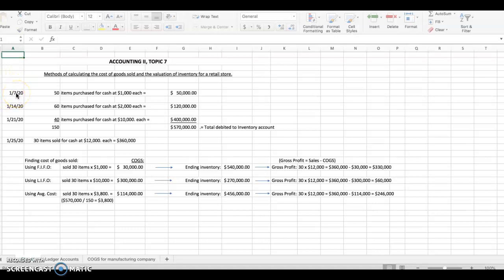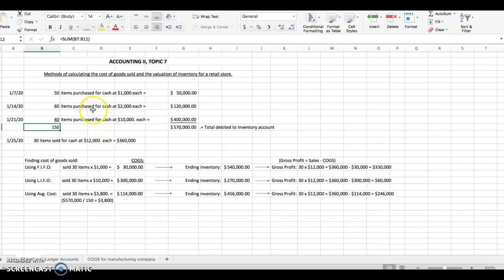In this particular business, this retail store, on the 7th of January, purchased 50 items for cash. And on the 14th, they again purchased 60 items for cash. And on the 21st, they purchased 40 more items for cash, totaling 150 different items that they will be selling at some point.